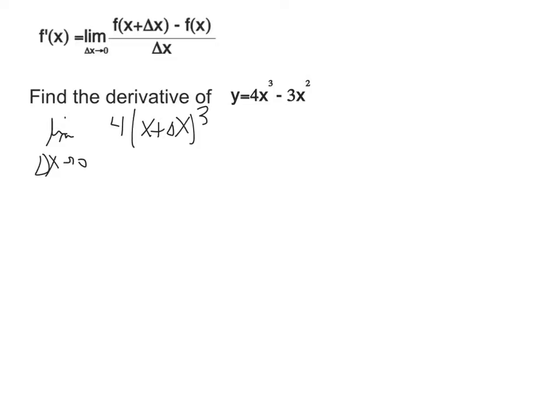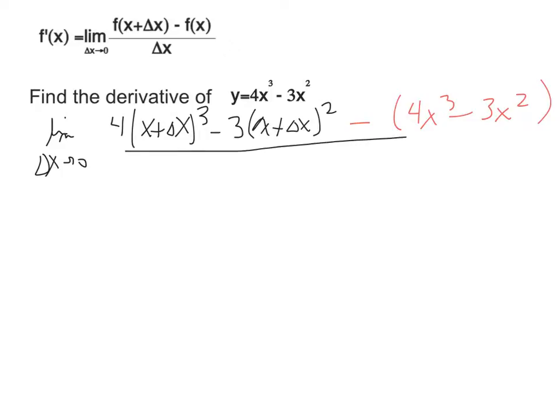Everywhere you see an x, remember your function notation, you're going to plug in x plus delta x. Then I'm going to subtract 3 times (x plus delta x) squared. And then minus f of x. So minus, well, my f of x is 4x cubed minus 3x squared. And it's all over delta x.